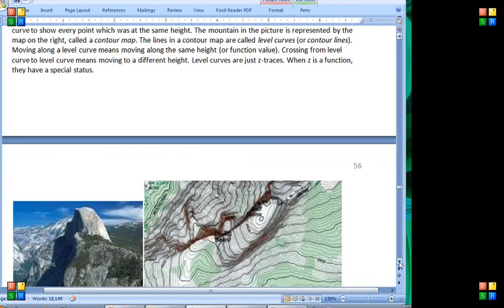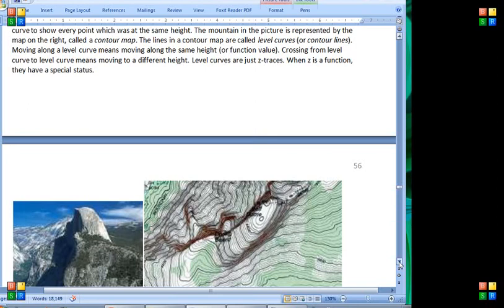Moving along a level curve means moving along the same height. Height, if you think of it topographically, or more generally speaking, same function value. So notice that what we're saying is that along each of those lines, z has the same value. So in other words, these are just z-traces.